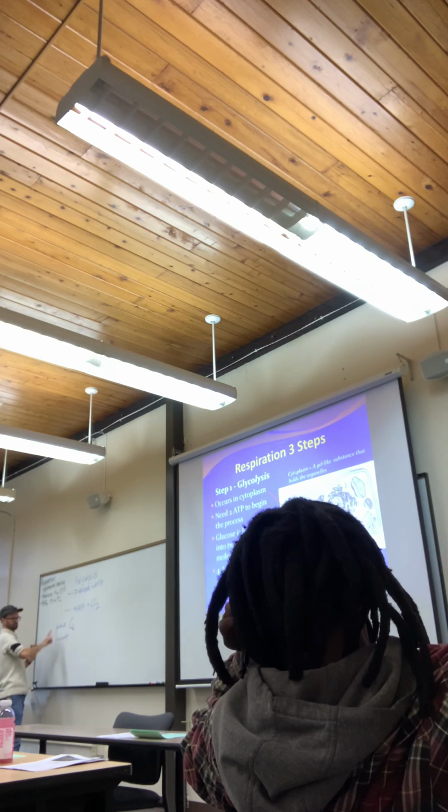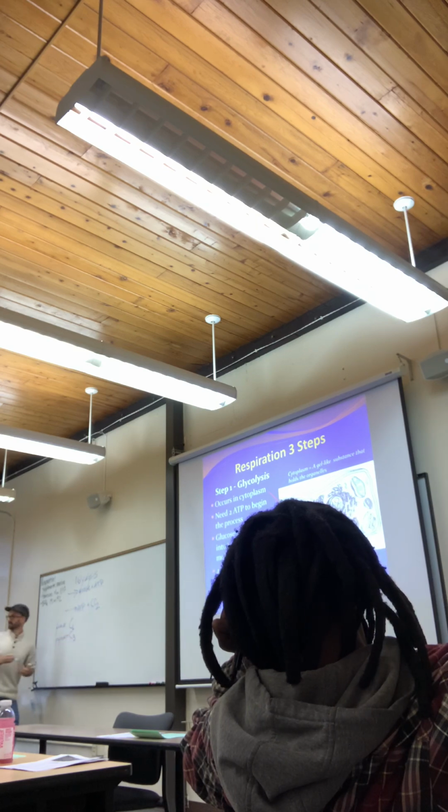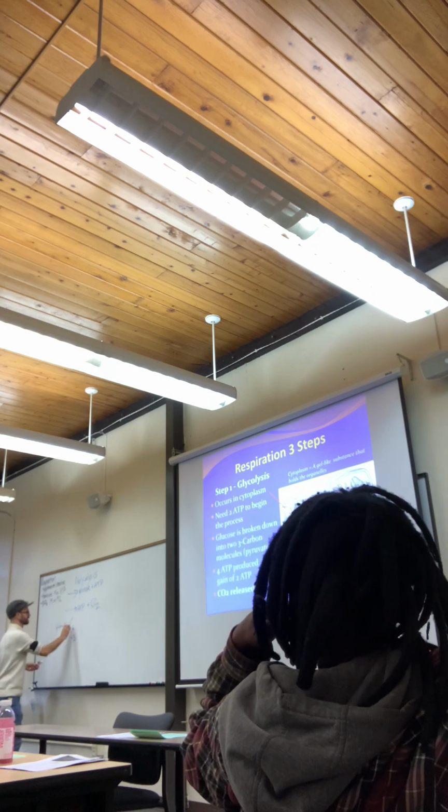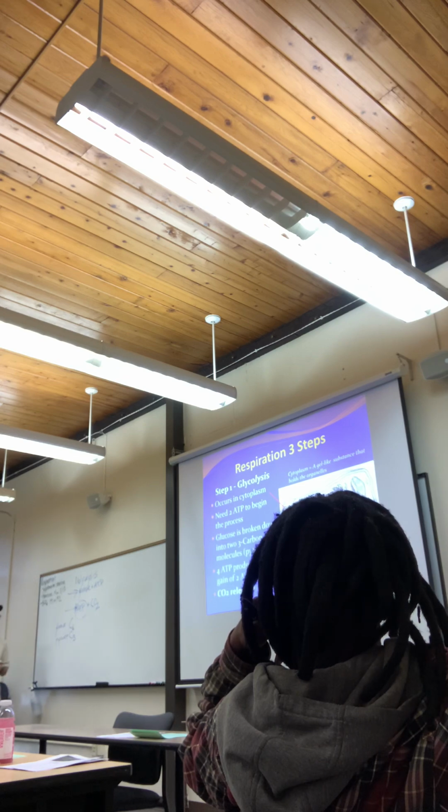And again, just keep it simple here. We don't need to know about the pyruvate necessarily, but it's a 3-carbon thing. And by splitting this in 2, that's where this energy comes from. What I said was for ATP here.